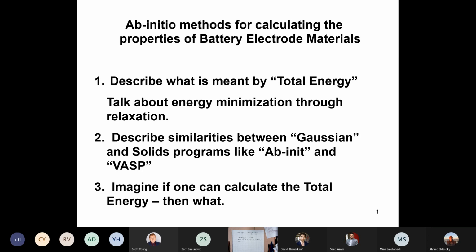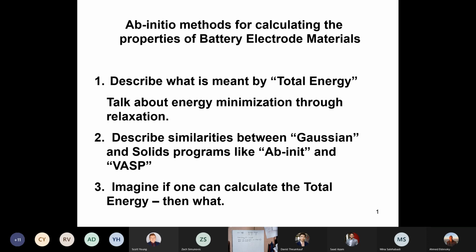Instead, you say, look, I know the crystal structure. Maybe it's the lithium cobalt oxide O3 structure, but you're not sure what the lattice constants are. So you're not sure about the interatomic distances and that kind of thing. So you give a computer program the basic lattice constants.